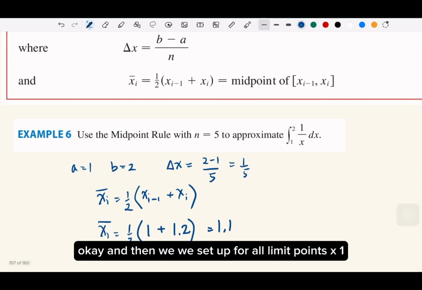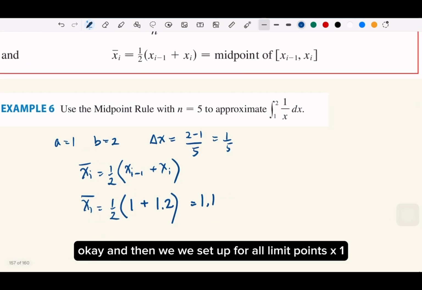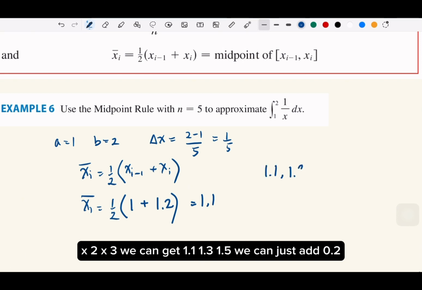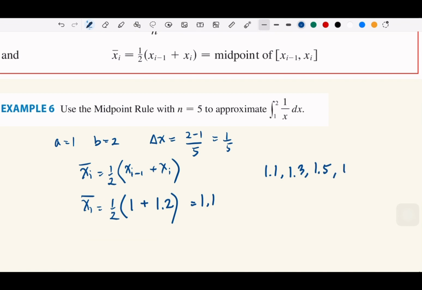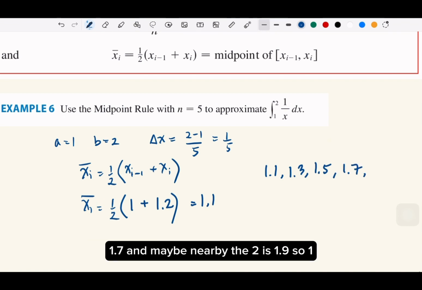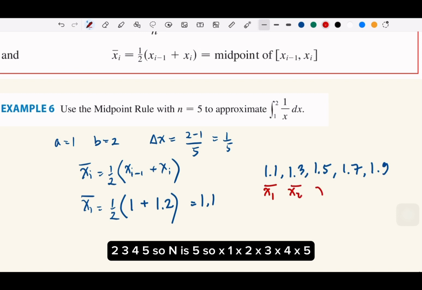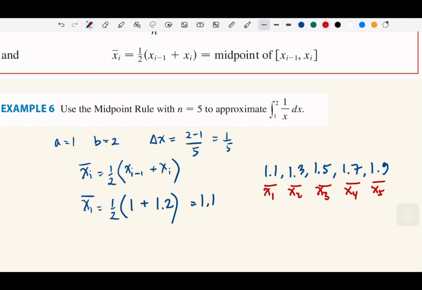Okay, and then we set up for all the midpoints, x1, x2, x3, we can get 1.1, 1.3, 1.5, we can just add 0.2, 1.7, and nearby the 2 is 1.9. So 1, 2, 3, 4, 5. So n is 5. So x1, x2, x3, x4, x5.